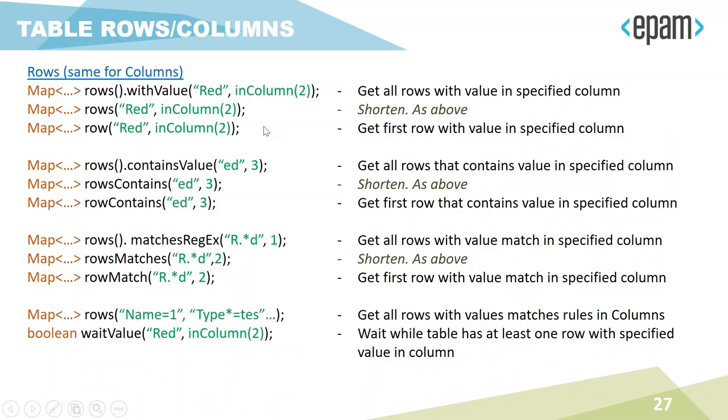Or in more complex cases, you can find rows that contain some text or equal some text. Or maybe you can find a row that meets a few requirements, for example, with column name equal to 1 and some type, for example, test. You can simply find all these rows or just the first row and get this result validated or do something with it.